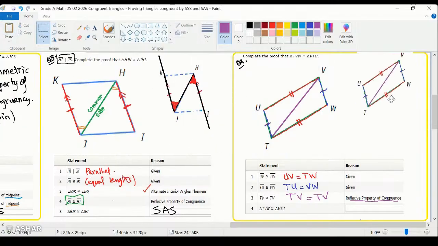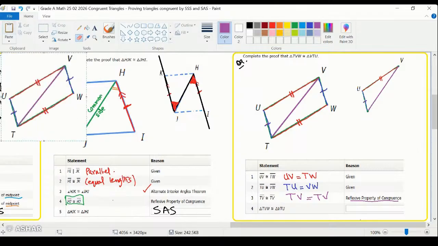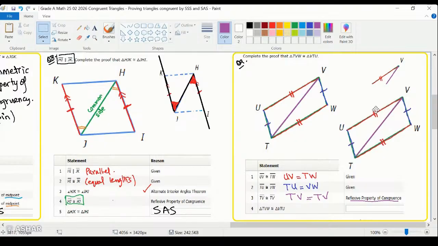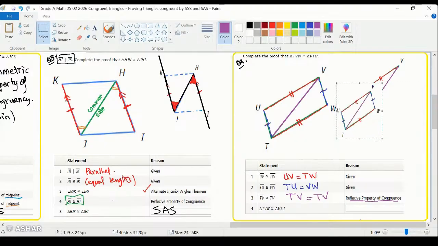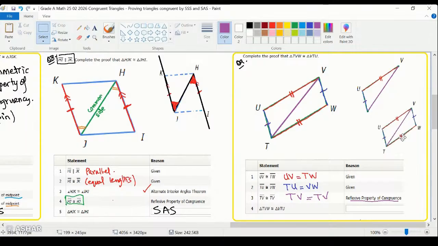Okay, if we have this shape, what we can say is, if this was given to us, and if you paste the other shape, just a moment, please. Okay, let's remove the upper part.